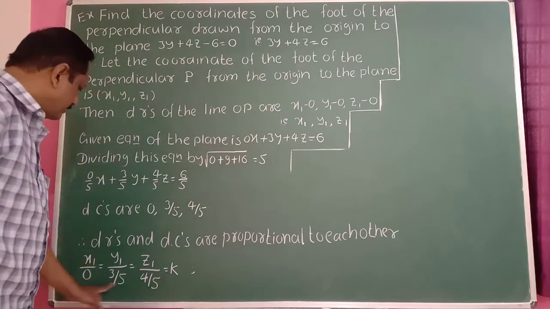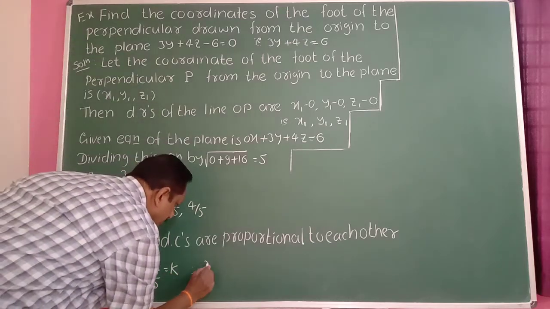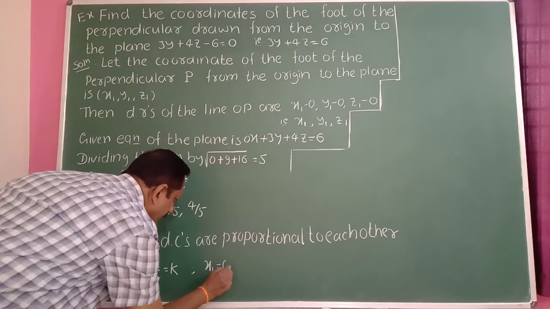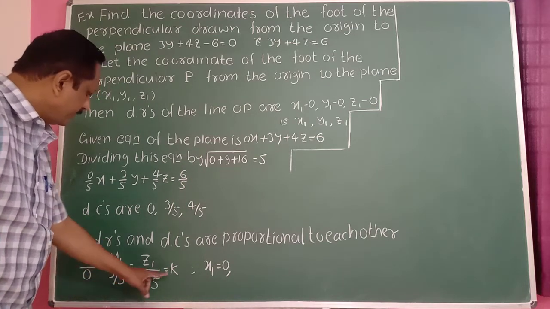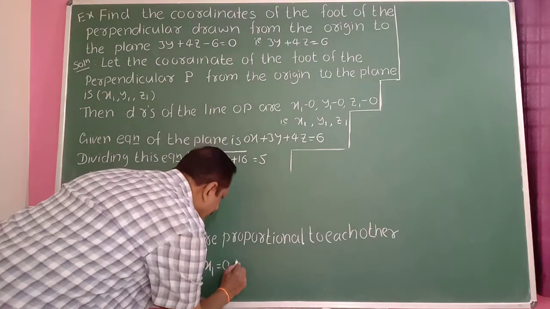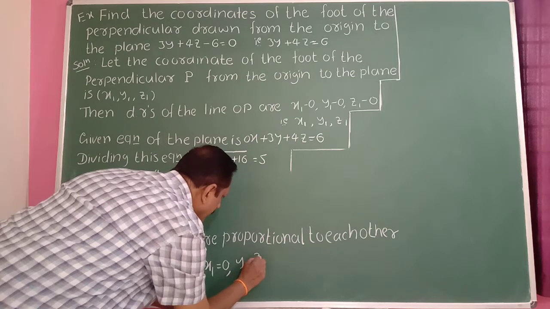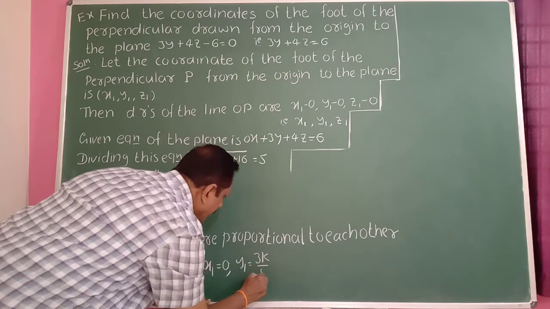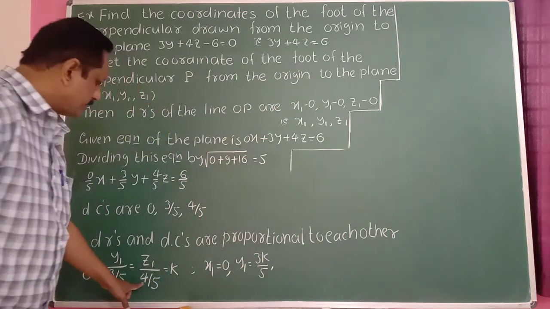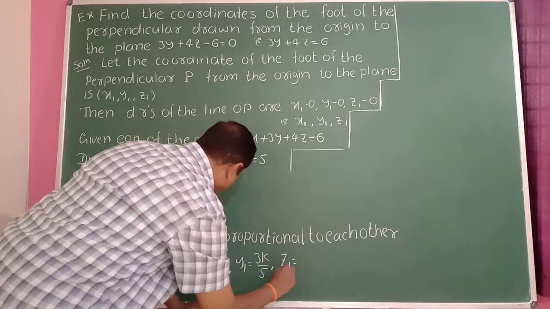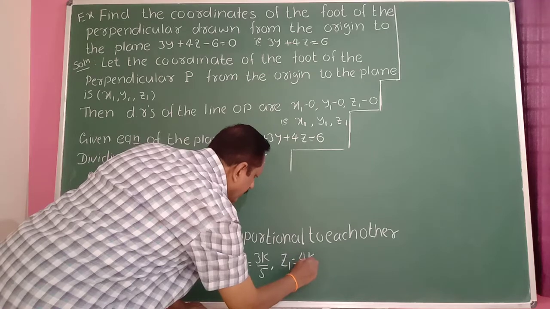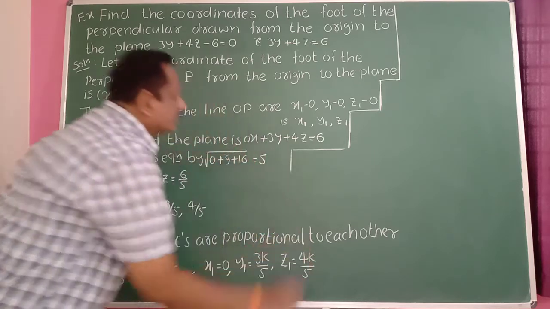Therefore, equate this with k, x1 equal to 0, and equate this with k, y1 is equal to 3k divided by 5, and cross multiply, z1 is equal to 4k divided by 5.